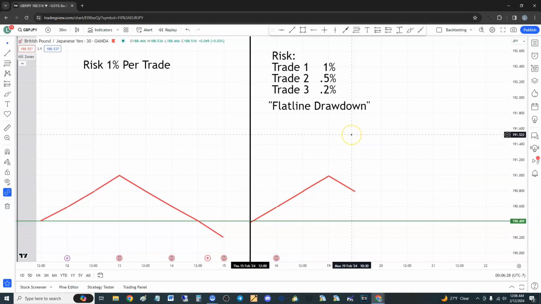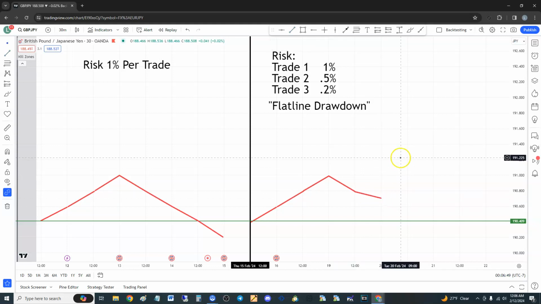What we're going to do, very important, guys, after the first loss, we're going to cut our risk in half, right here. We're only going to risk 0.5%. And what's going to happen, guys, is the next trade, it's going to look something like this right here. Boom. Right there. That right there is 0.5% lost.